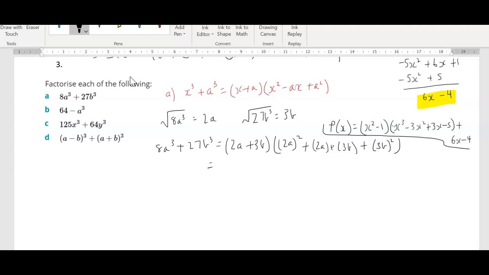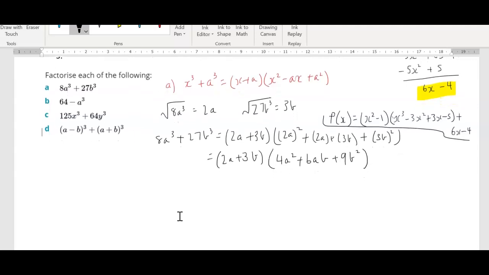All right, let's tidy that up. 2 squared is 4, so we have 4a squared. 2a times 3b is 6ab. And then 3b squared, so 3 squared is 9. So there you go, factorising 8a cubed plus 27b cubed.